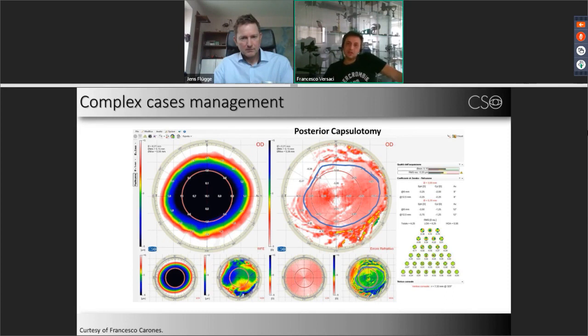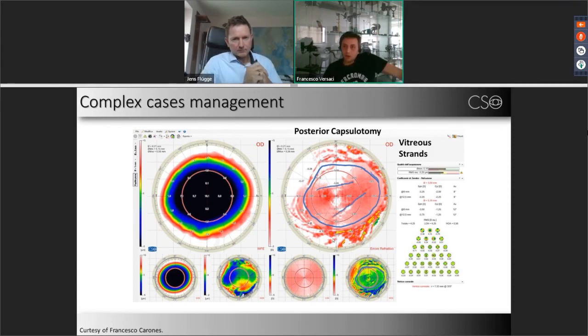So you can recognize here the posterior capsulotomy, and since this pupil is not that big, this means that the posterior capsulotomy could have some effect on the vision, and you can also recognize some strands, some lines, and those are the vitreous strands. So you can have very important details from the observation of this kind of maps.